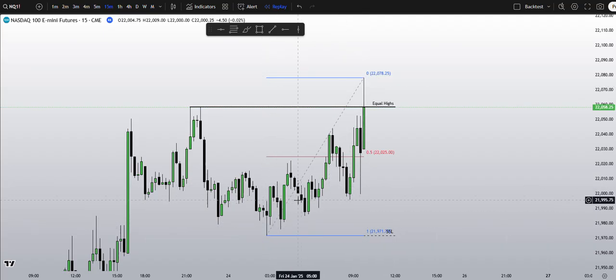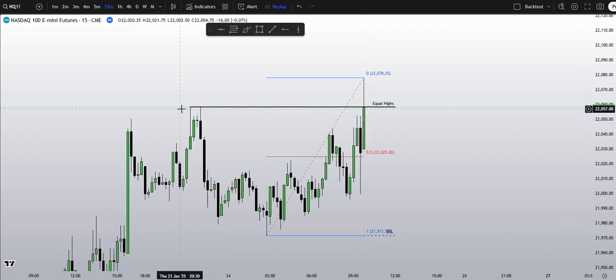You form from the low to the high. Anything above the 0.5 level is considered a premium, which is ideal for shorts. Anything below the 0.5 level to here is considered a discount, which is ideal for longs once price sweeps sell side liquidity.